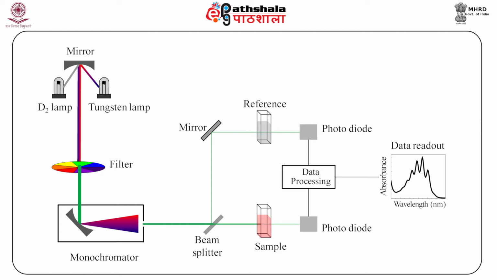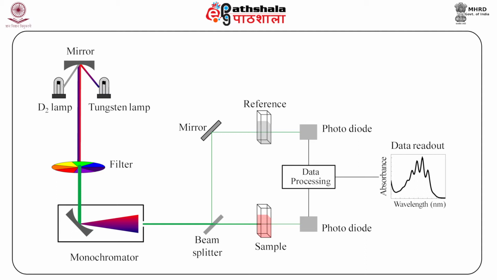Each monochromatic beam is then further divided into two beams of equal intensities by the help of a half mirrored device. A sample ray of light is passed through a transparent container having a solution of the compound in a transparent solvent that is to be studied.